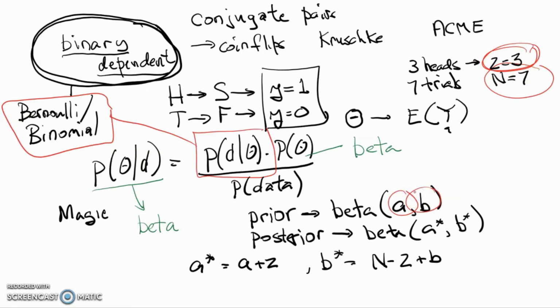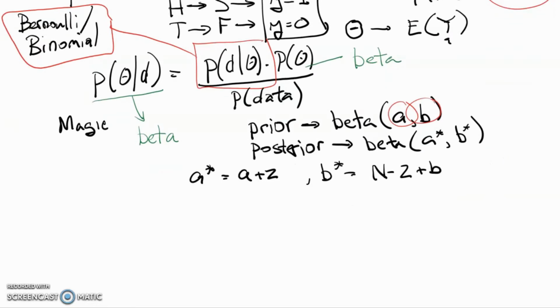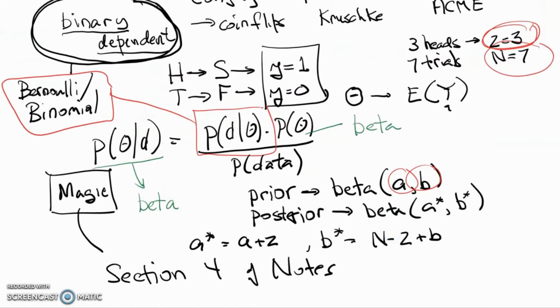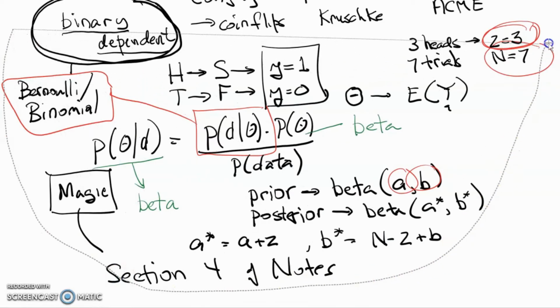So let's do a worked example. And I should note that although I referred to this as magic, the proof is shown in section 4 of this week's notes. But anyways, we want to do a nice concrete example.